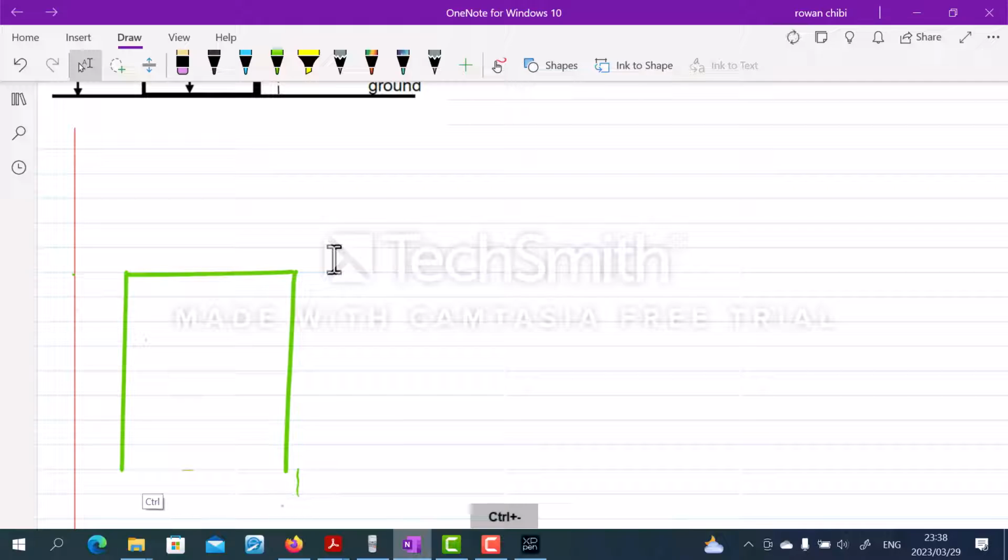And at some point here, there is a door at this point. So let me just draw the door.